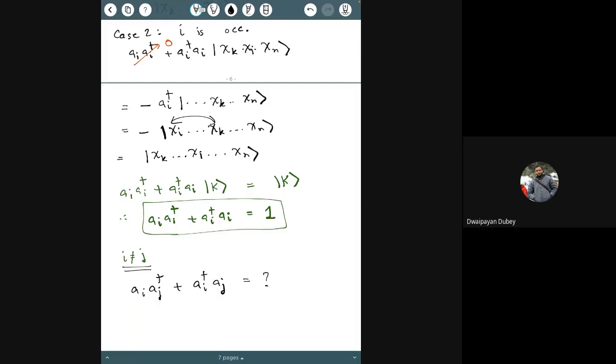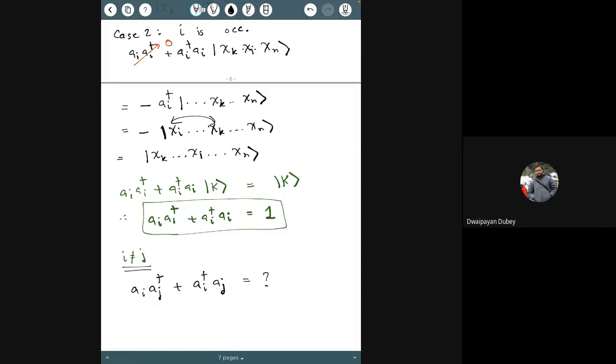Now, in a given determinant, you can only have one situation. You cannot have I both occupied and unoccupied, and you cannot have j both occupied and unoccupied.